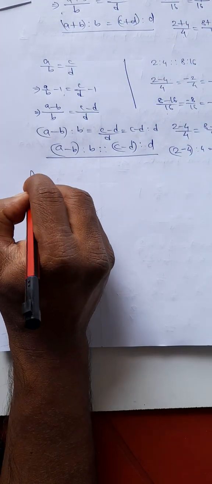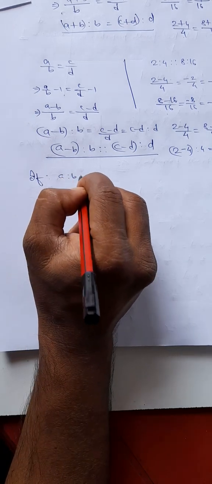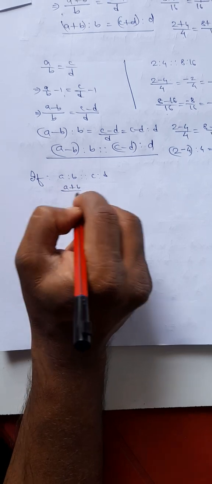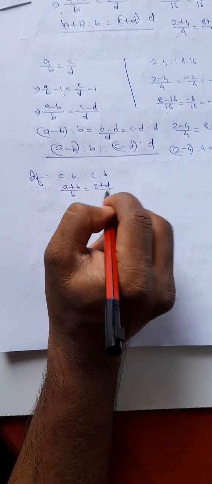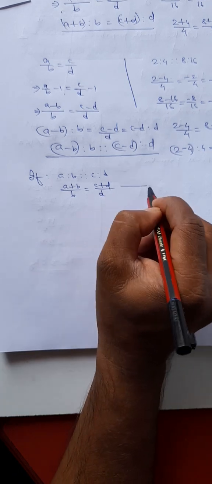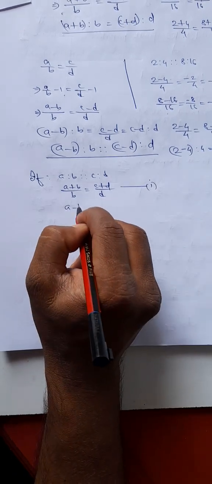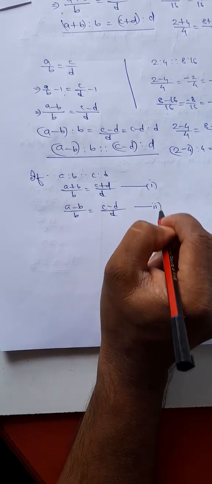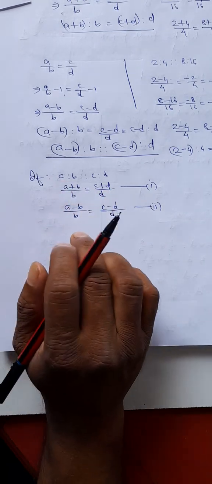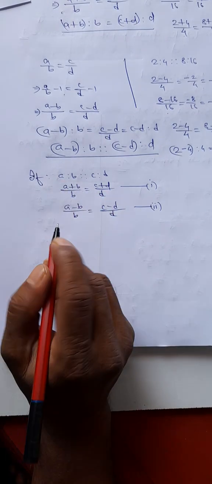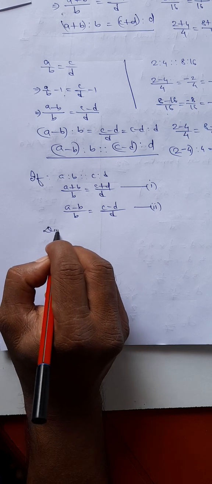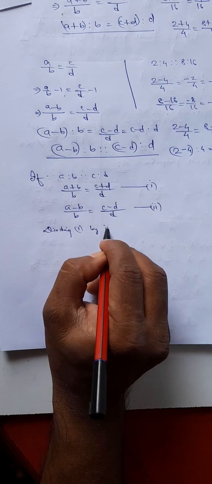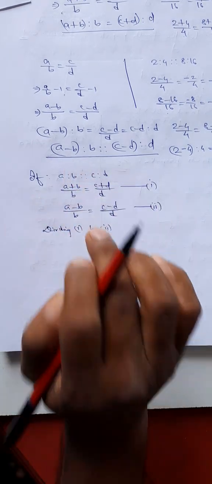Now if A is to B proportional to C is to D, we find that A plus B divided by B equal to C plus D divided by D. This is called componendo. And A minus B divided by B equal to C minus D divided by D. This is called dividendo. Now let's divide these two. Dividing the first relation by the second relation.